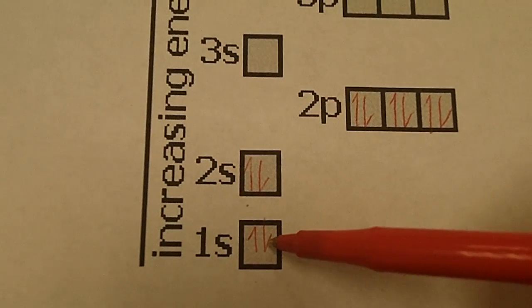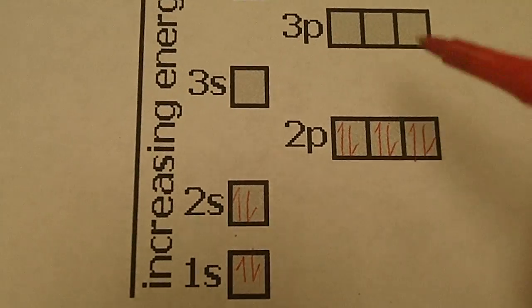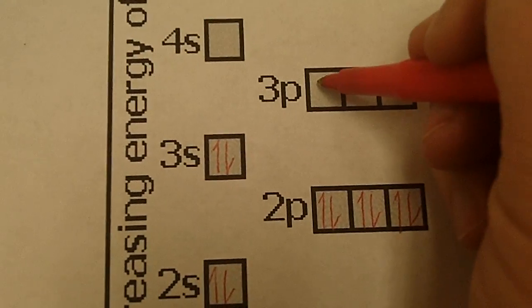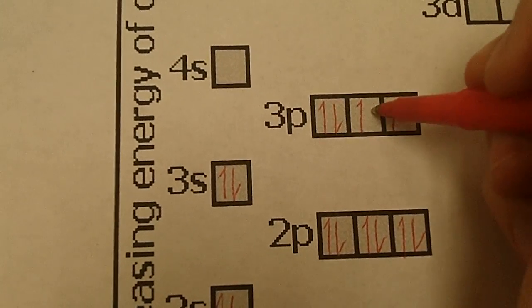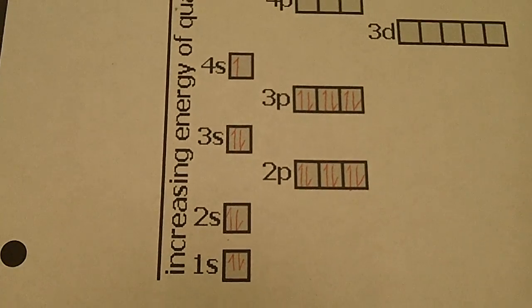Let's just say we already finished these. So 2, 4, 6, 8, 10, 11, 12, 13, 14, 15, 16, 17, 18, 19. That would be potassium because potassium has 19.